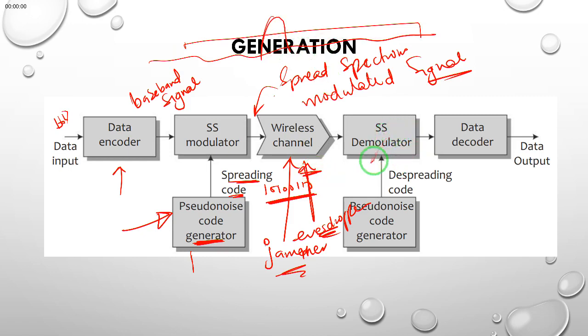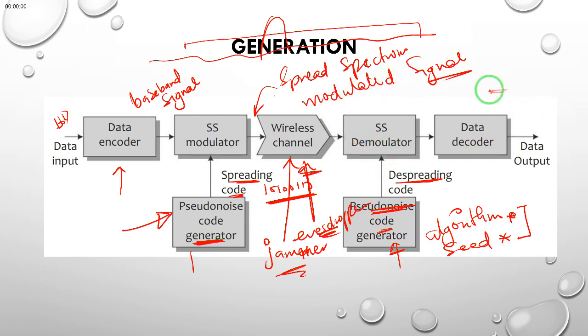Then at the receiver, we apply the same pseudo-noise code, running the same algorithm, and with the same seed, which we talk about at a later stage. These are the two factors required for the generator to produce the same code irrespective of location. Therefore, this is called the spreading code, and when it is multiplied with or used to demodulate our spread spectrum signal, we are able to recover our original baseband signal.